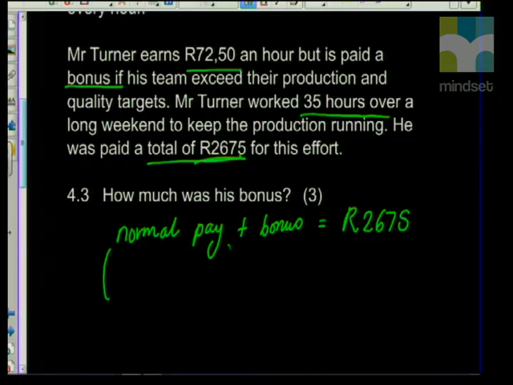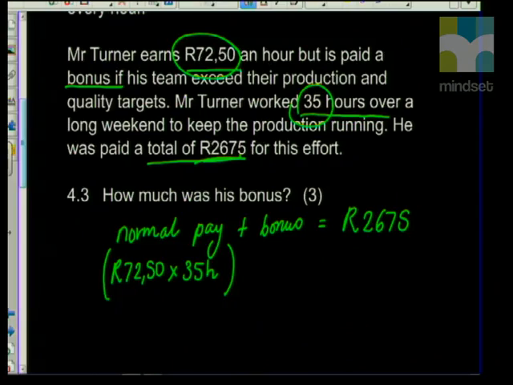This normal pay, they've told us he earns 72 Rand 50 per hour, and they've told us that he works for 35 hours. Okay, so 72 Rand 50 times 35, plus his bonus, is equal to 2,675 Rand. Now this part is quite easy to work out.